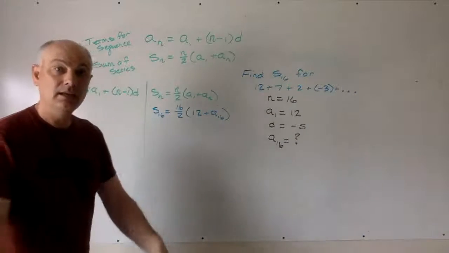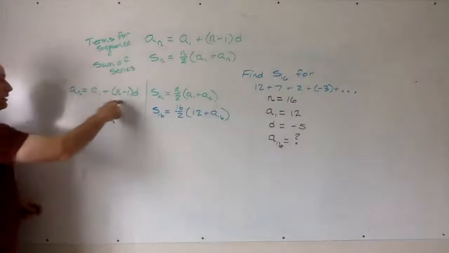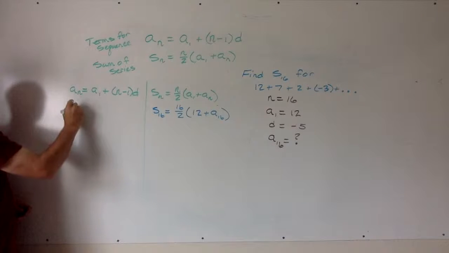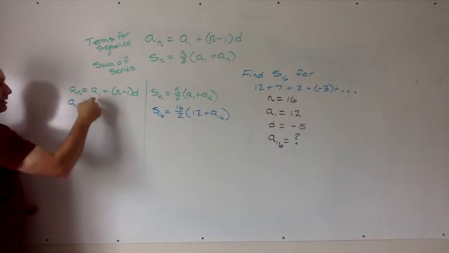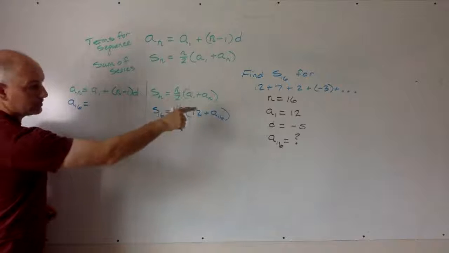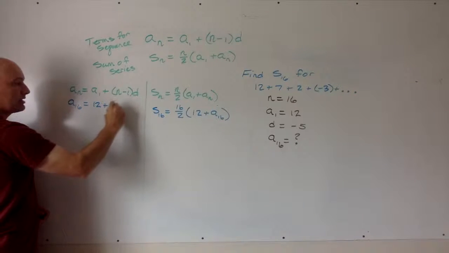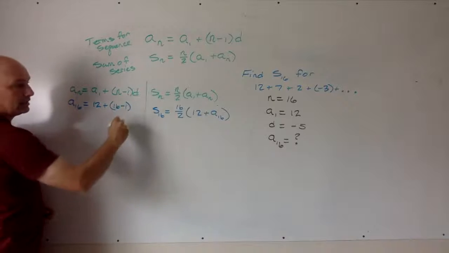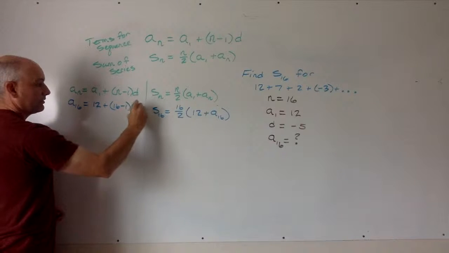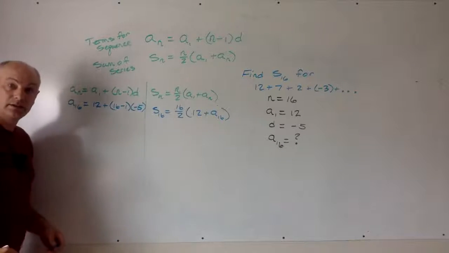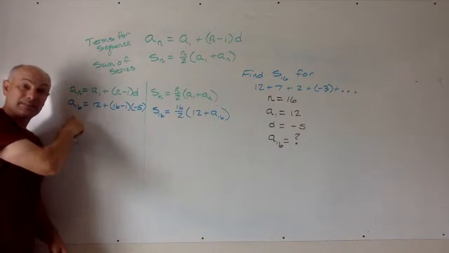That tells me check the other formula. Okay, so I come over here, a sub 16, a sub 1, which is 12, n, which is 16, and d is negative 5. So look at what you get. You get a sub 16.